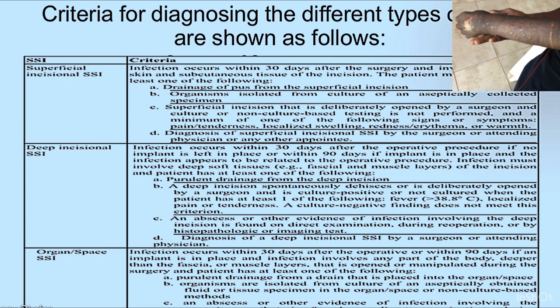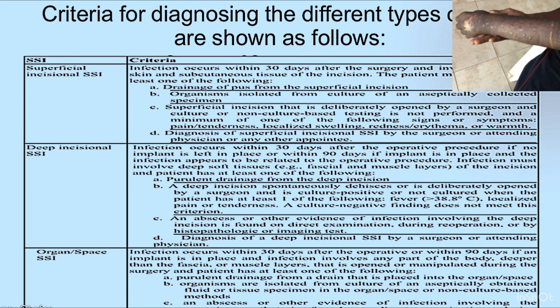But for the deep incisional surgical site infection, the infection occurs within 30 days after the operative procedure if no implant is being used, or within 90 days if an implant is being used. And then it involves the muscle or the fascia layer.